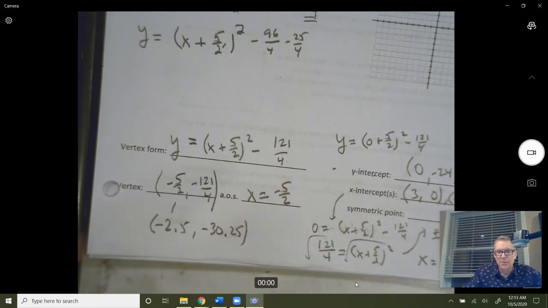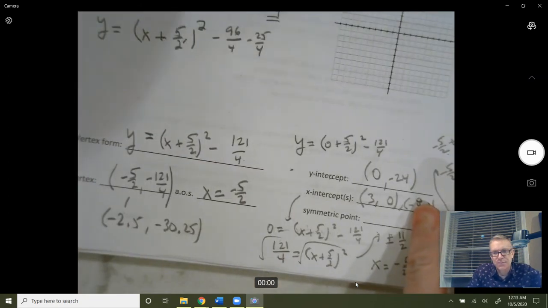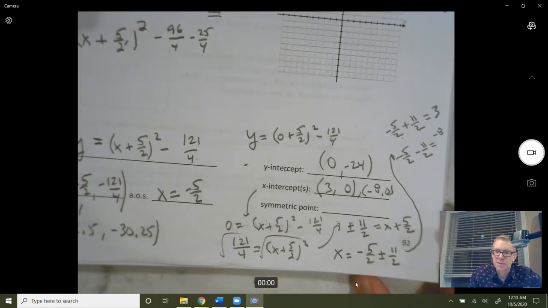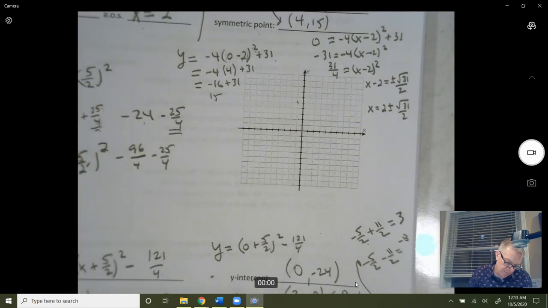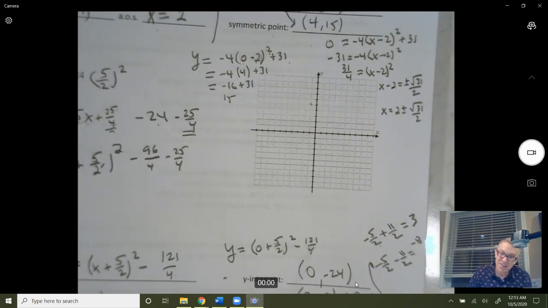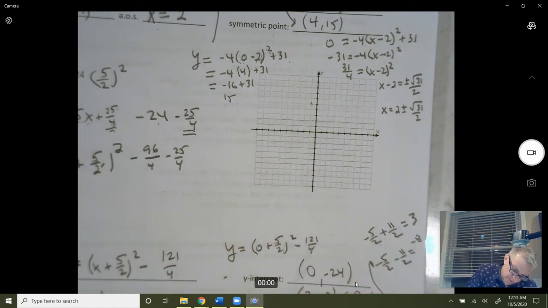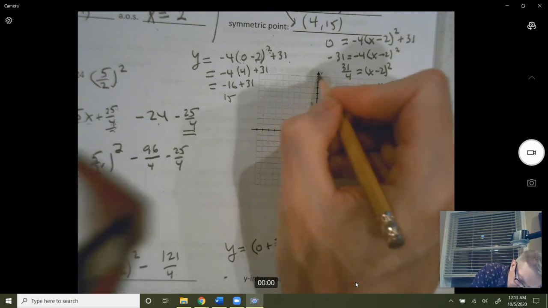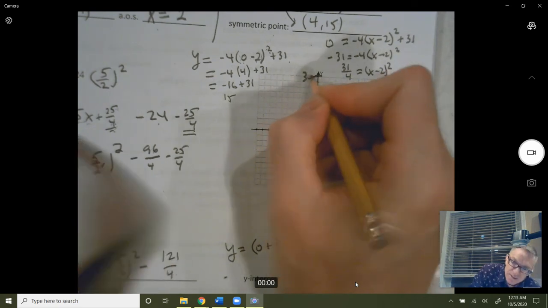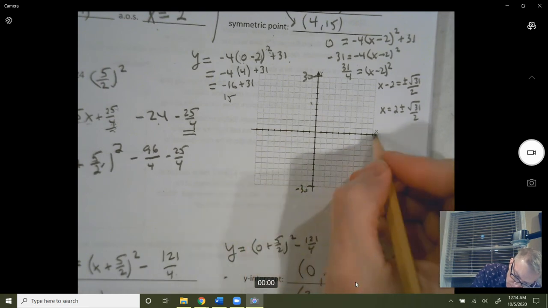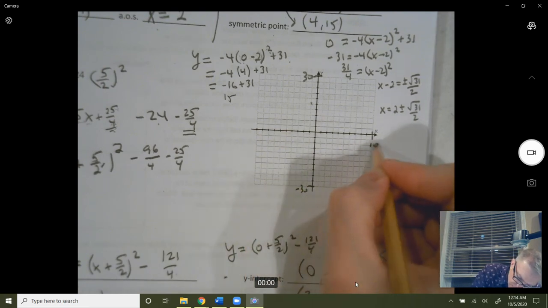And let's see how nicely this graphs. Sorry, you couldn't see that for a second. Now since my vertex is at negative 30, I'm going to go up by 3's again on the y-axis, and up by 1's on the x-axis.